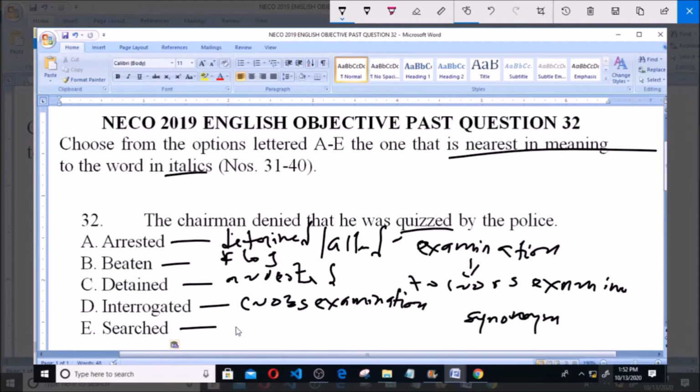Then searched means to find. So if you now look at the meaning of squeezed, you find out that interrogate is it, so can I say that the chairman denied that he was interrogated by the police. So option D is correct.